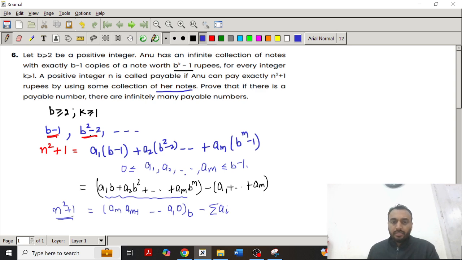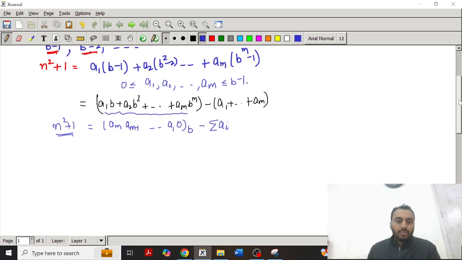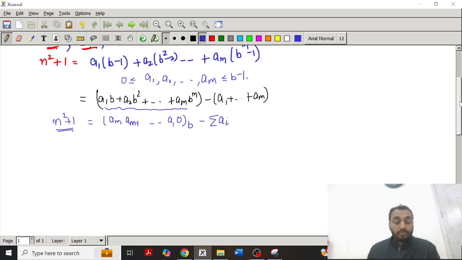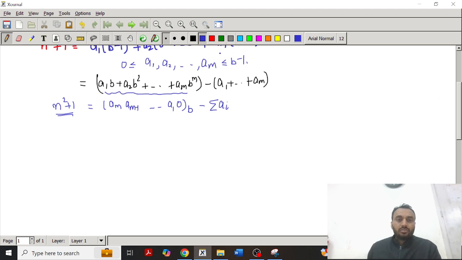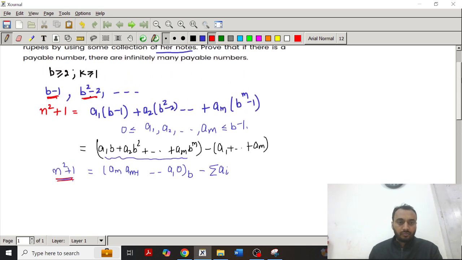जैसे कि हमें 9 की डिविजिबिलिटी का क्राइटेरिया पता है कि number minus sum of digits divisible by 9 होता है, in base 10. If we have base b, I can say that the left hand side is divisible by b minus 1, and in fact the right hand side is also divisible by b minus 1.